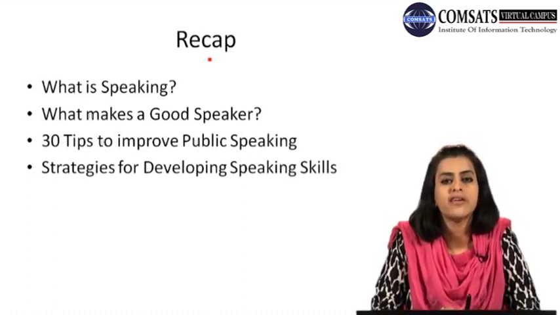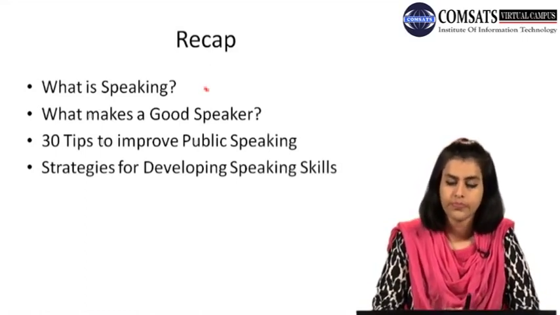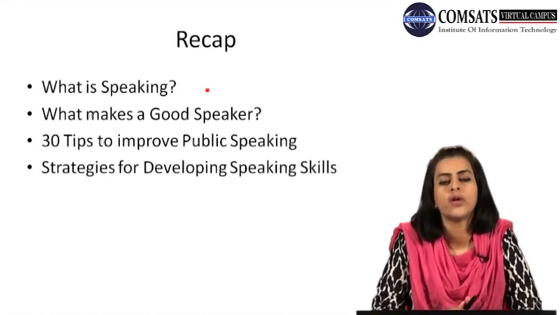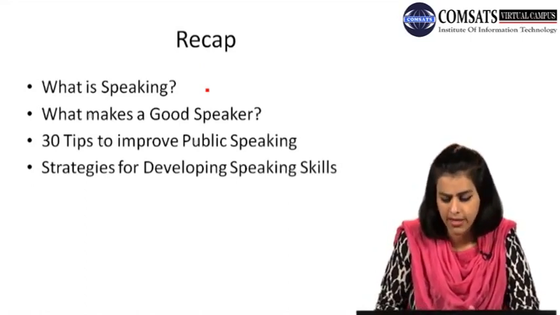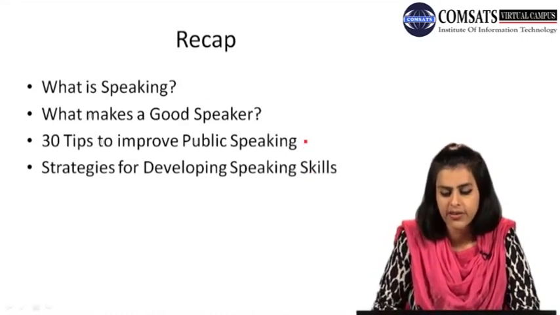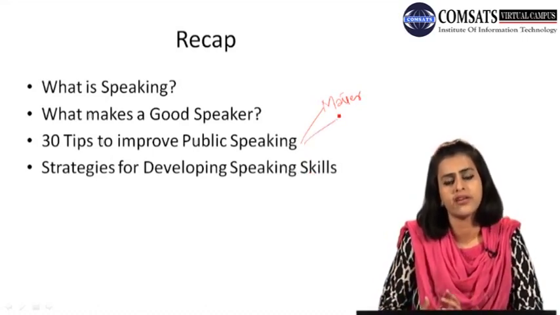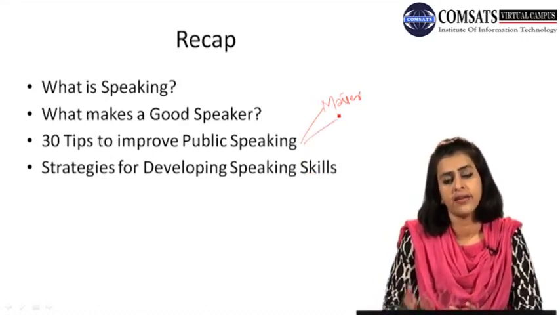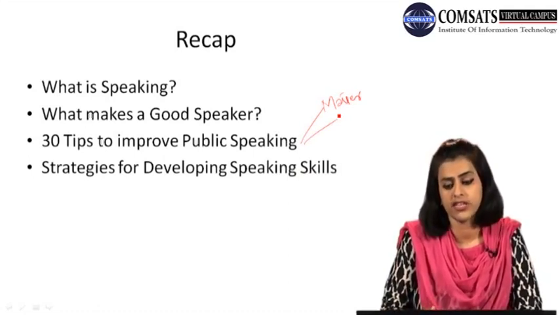What makes a good speaker? This is what we also discussed thoroughly in the classroom. We also talked about 30 tips to improve your public speaking, in which we thoroughly discussed three major categories. The first one was the matter. We made sure that you concentrate on the matter of your speech and make it accurate for your receivers.